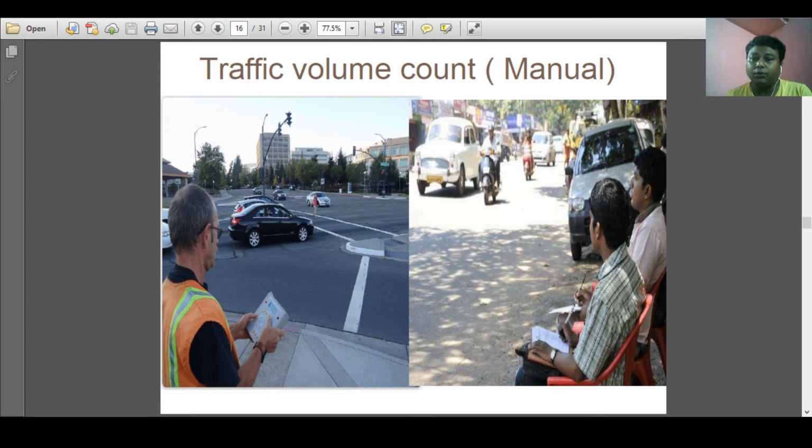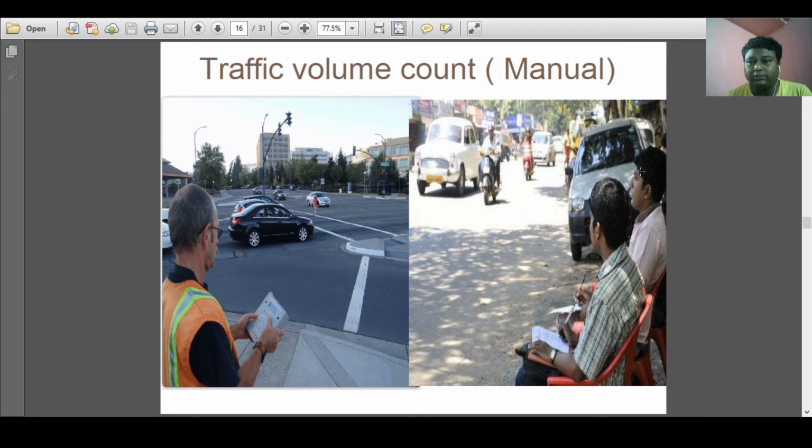These are some automatic machines, but this is the manual traffic count. You see two persons sitting over here. One person is writing something on the sheet and the other person gives direction. Suppose this is a two-point intersection: some vehicles are coming from this side and going straight, or moving in the left direction.